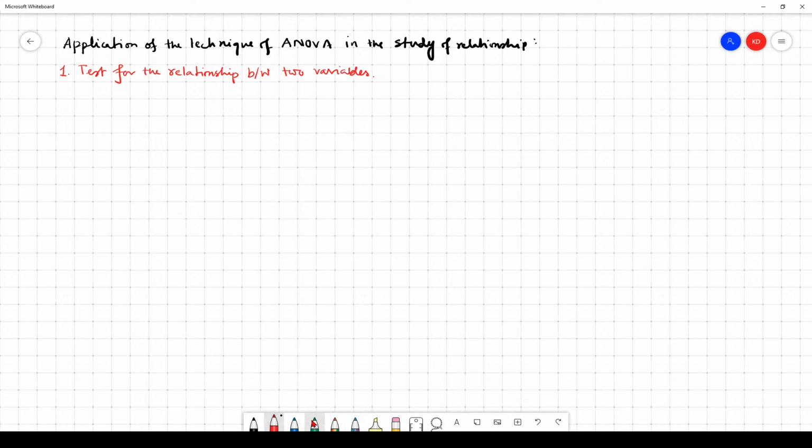Suppose x has p levels, where x corresponds to the independent variable and has p levels, and these levels are denoted by x1, x2, ..., xp.